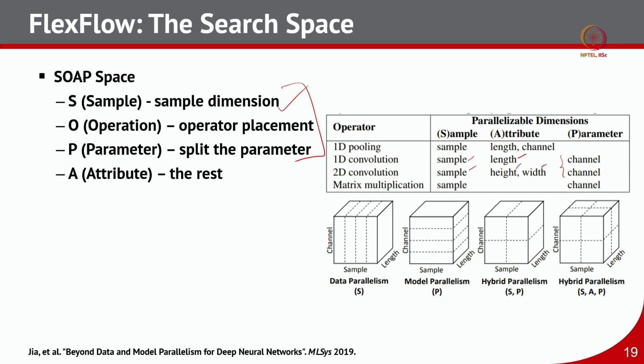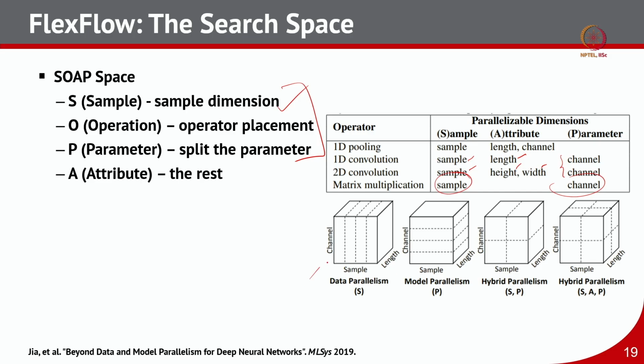Now, if we have just matrix multiplication, then there is no convolution involved. So, two matrices will just get multiplied, and we can just parallelize in terms of sample as well as channel. So, these are the different parallelism techniques for different operators in terms of different modalities in the search space, right.